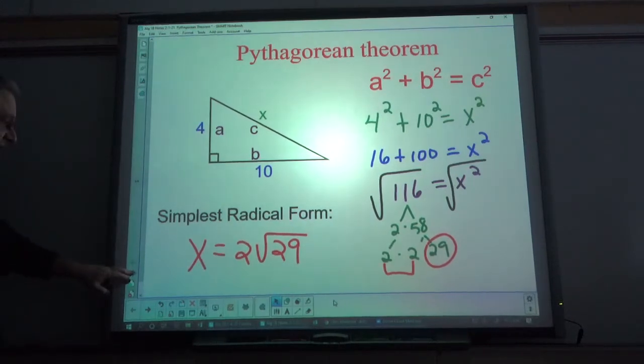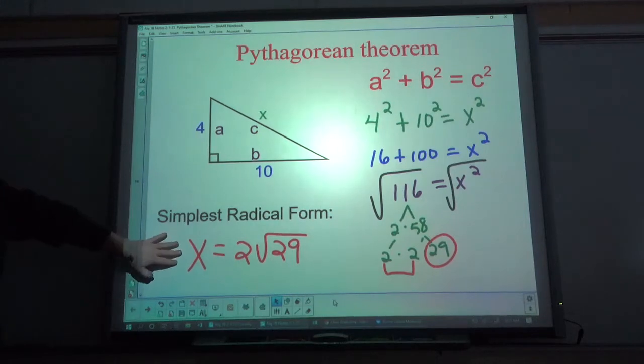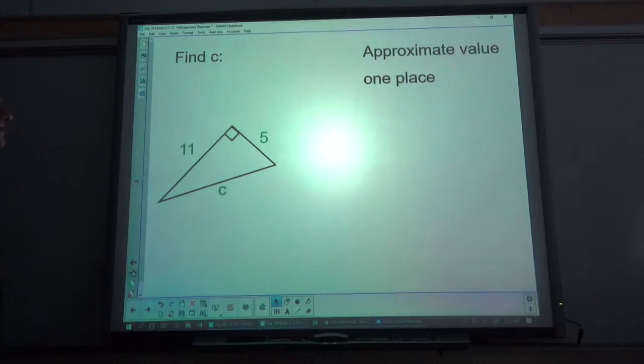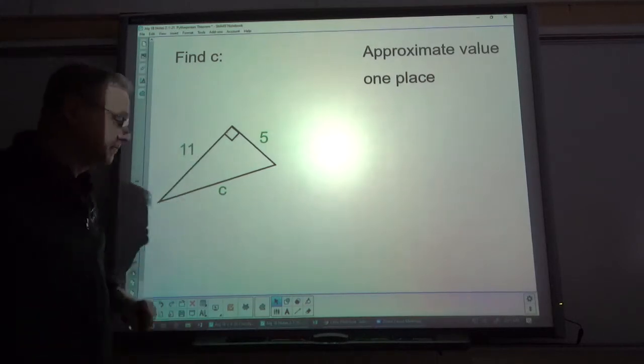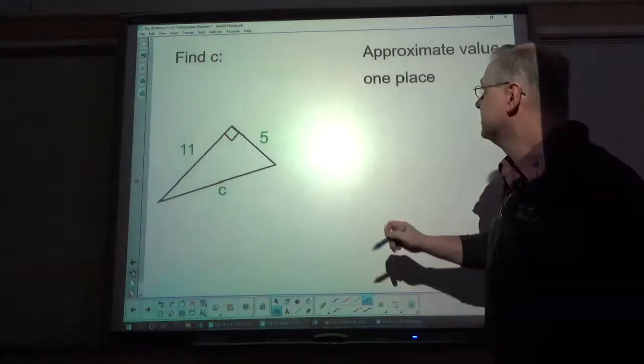Our next example that we're going to do, and by the way, that's what's called simplest radical form. Here's our next example. Now, I don't say what a and b are. However, in this particular problem, the hypotenuse is c, and we're solving for c.